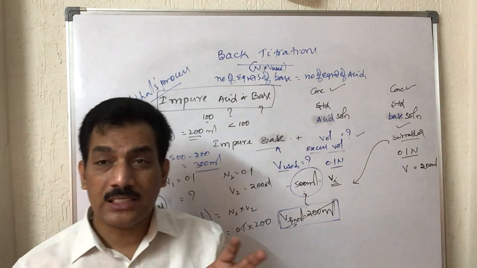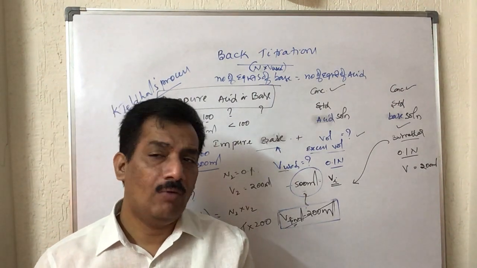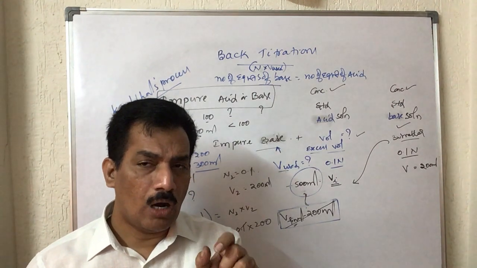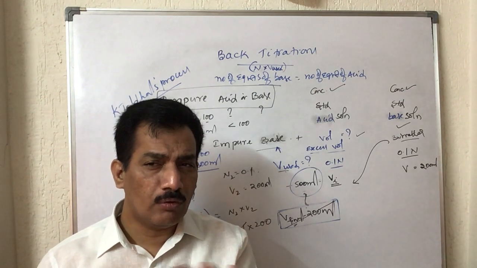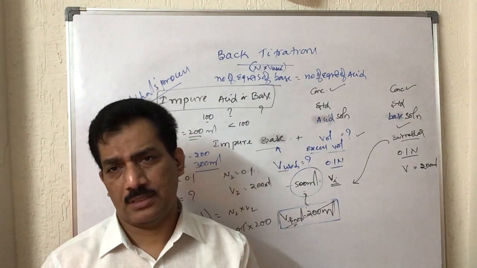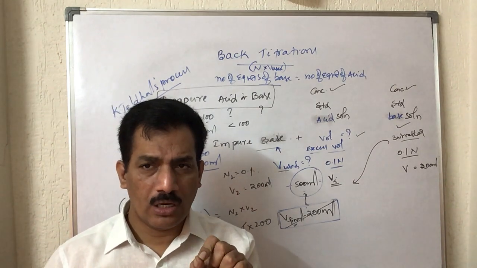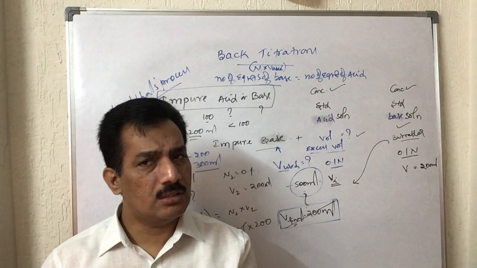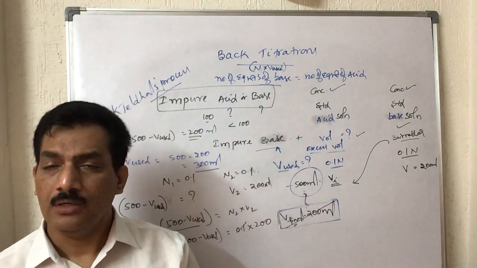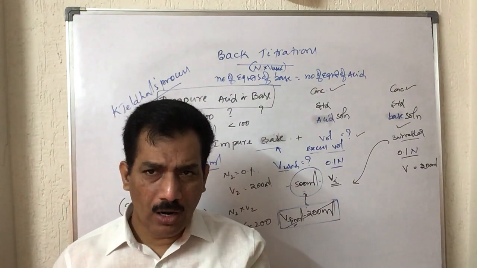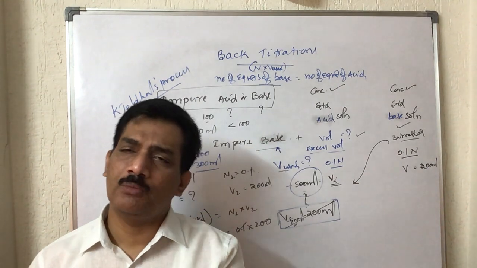We are taking excess volume of the acid. Why? Because not even a little amount of ammonia should escape. Even a pinch of ammonia gas going out automatically gives wrong information, is it not? That's why every part of ammonia which is formed should immediately be neutralized.